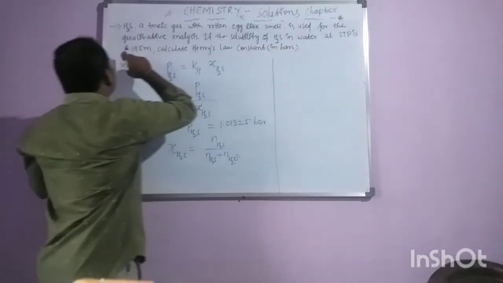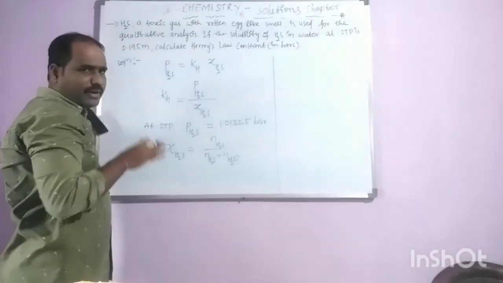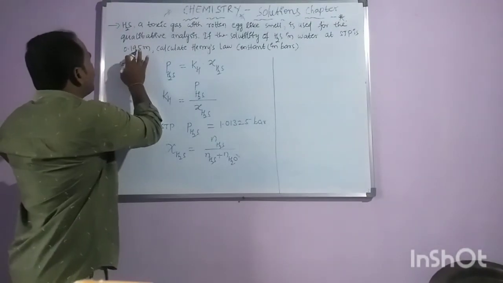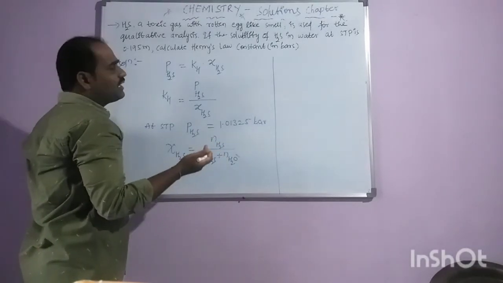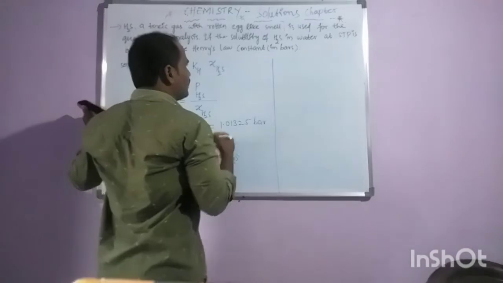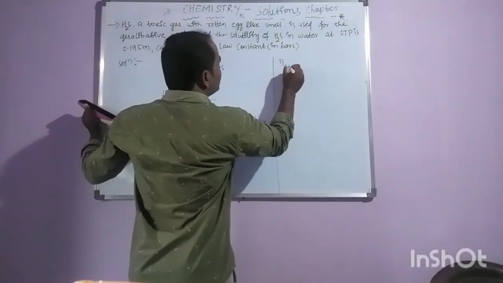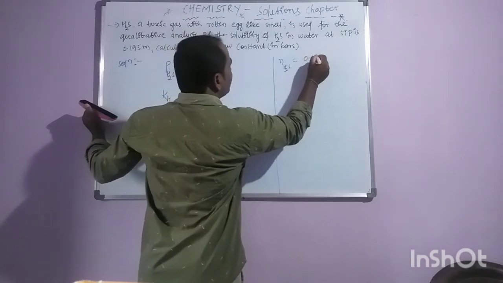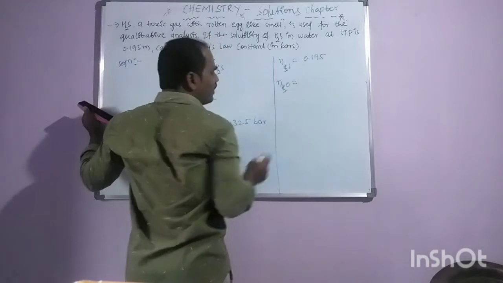At STP, 0.195 m in water means 0.195 mole of the gas is present in 1000 grams of the water. So the number of moles of the gas is 0.195, but the number of moles of the water we don't know.